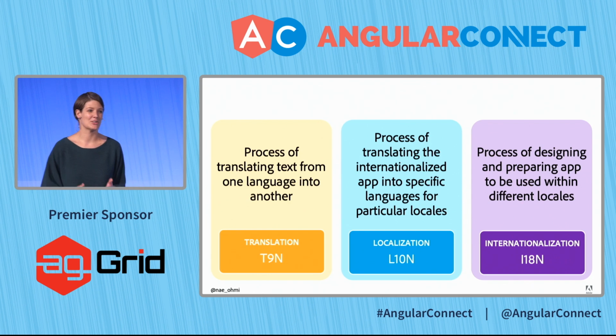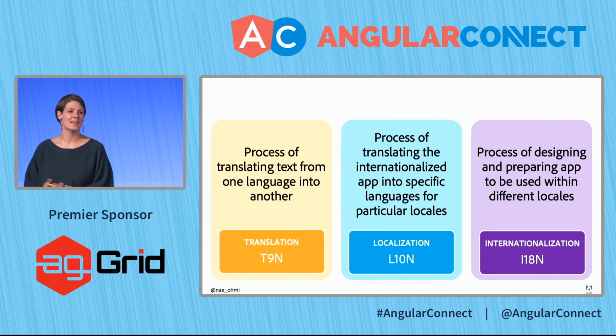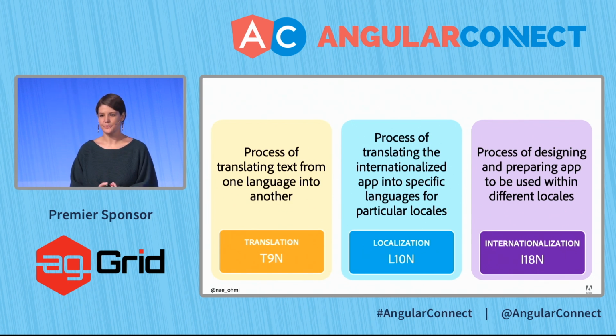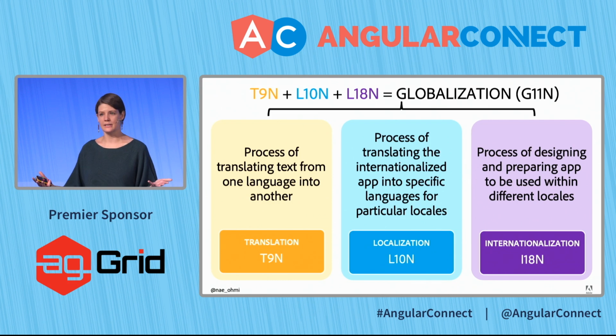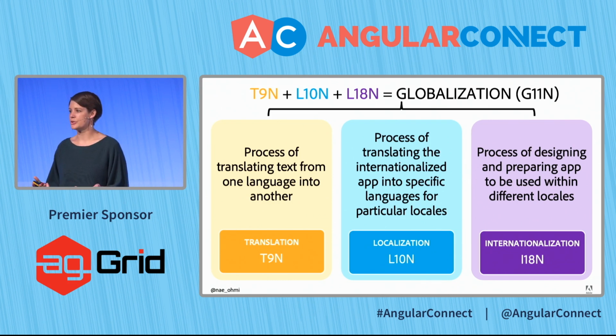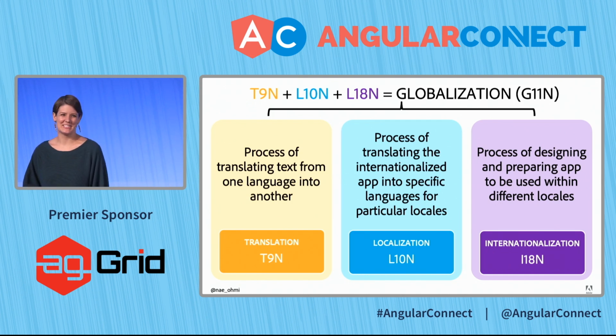So preparing is our testing, our TDD, our deploying, and really bundling the full app to be sent to prod in each of the locales supported. And these all 3 fall under the umbrella of globalization, or G11N. And globalization also includes non-engineering topics like marketing, legal, sales, but we're not going to go over those today.